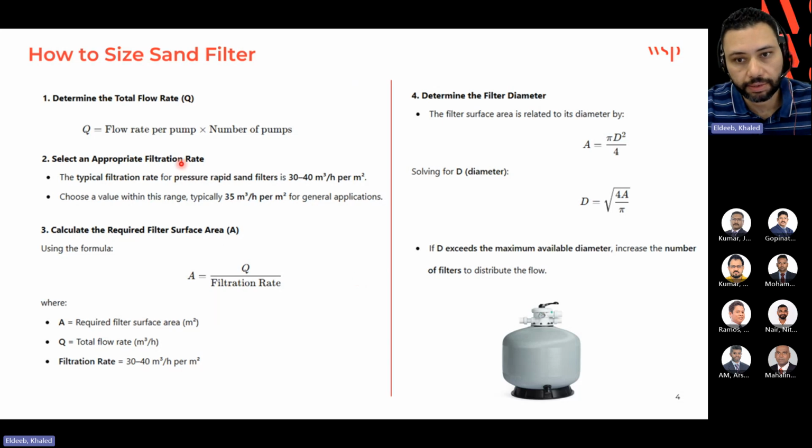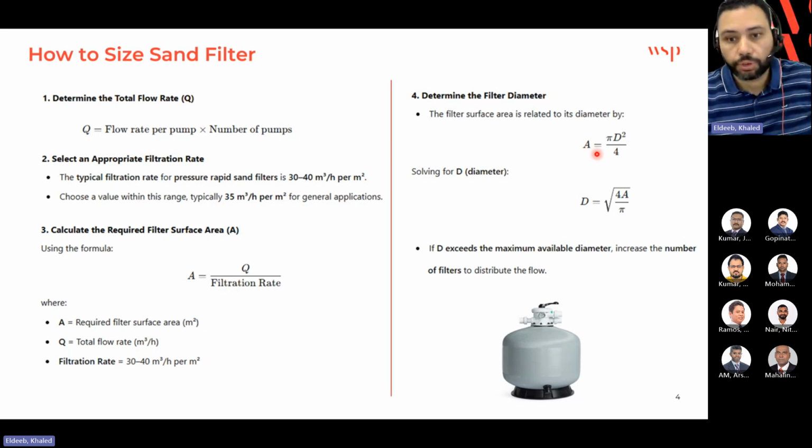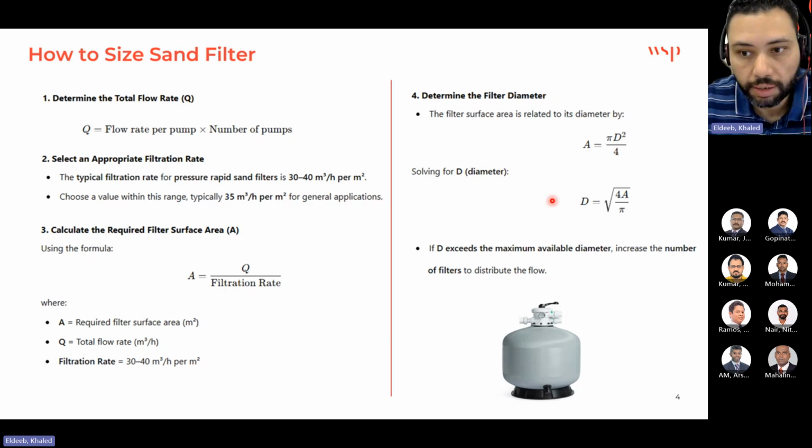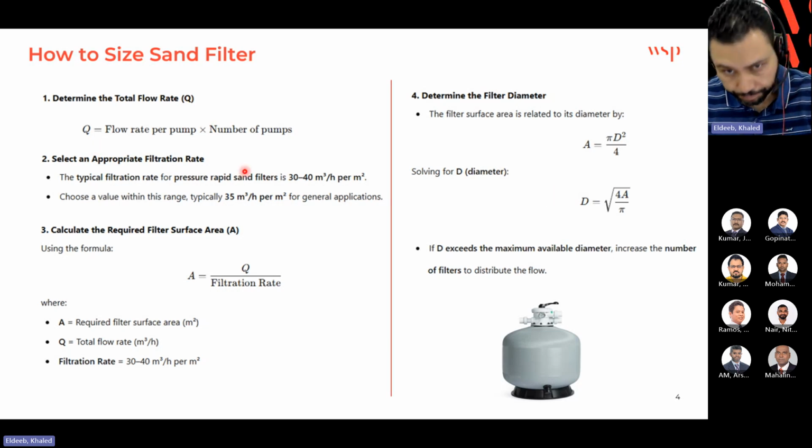Also, I have provided here a quick summary of the steps of how to size the sand filter, because we need to ensure the capacities of the pump and the filter are well matched for efficient operation. It's like a chain, everything relying on each other. So we learned the sand filters are normally rated by the tank diameter or filtration area in square meters, which can be easily obtained from the calculated flow rate here.